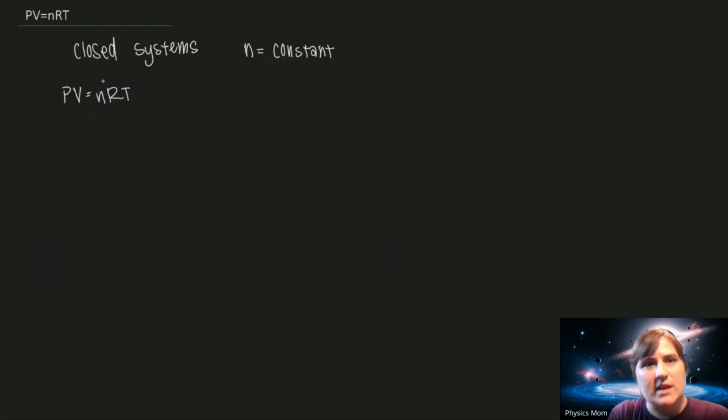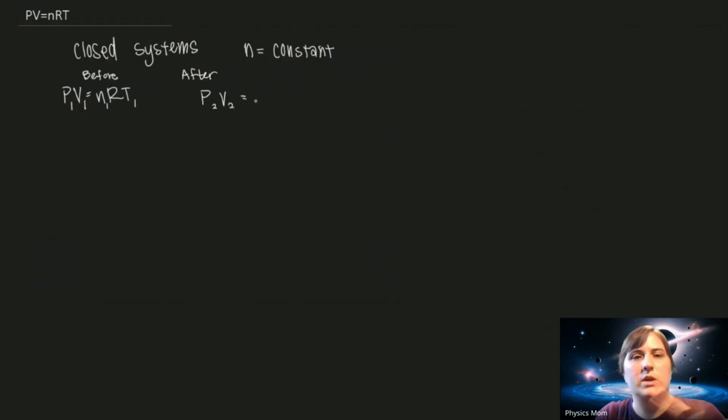So in this case, we would have the before. Kind of think back to our momentum days where we said the before equals the after. You can have the same setup here. This would be P1, V1, n1, R, but R is always constant, T1. And this is going to compare to P2, V2, n2, R, T2.